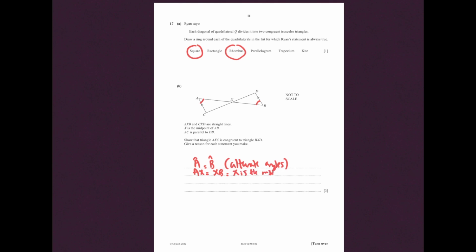Then बच्चे तीसरी चीज I can clearly see that AC and then no, I can clearly see that these two angles are same. Angle X is the common angle in both. So based on angle side, they are congruent. Do you get this?